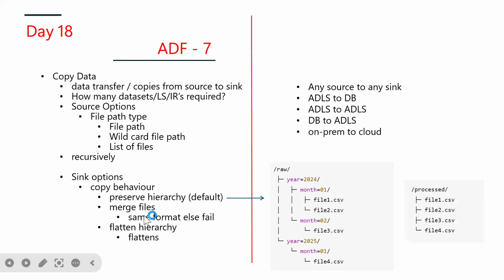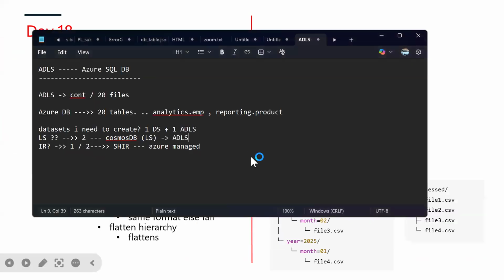And then merge files. Merge files is very useful if you have, suppose, a folder called sales. Inside this, I have March 2020.txt, April 2020.txt. So likewise, you have data for each day or each month.